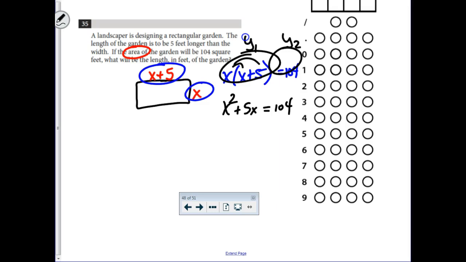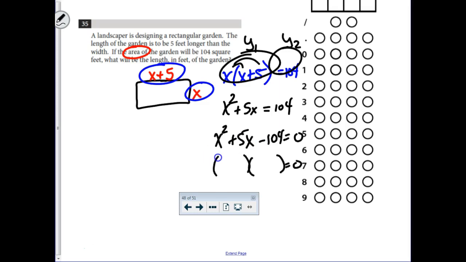However, remember, guys, they do not want x. What do they want? What is the length? Which one did we say was the length? X plus 5. So keep that in mind if you're using the graphing calculator approach. Now, my friends who are just old school factoring with me, because I just love a good factoring question.